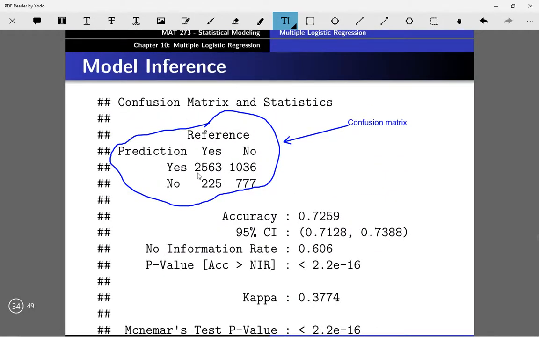So it looks like about 2,600 of emails were not spam in the data set, and our model got those correct. Anyway, 777 of the emails that were spam, our model got correct as well. And then we can see there's 1,200 total that it misclassified, out of everything in the data set.